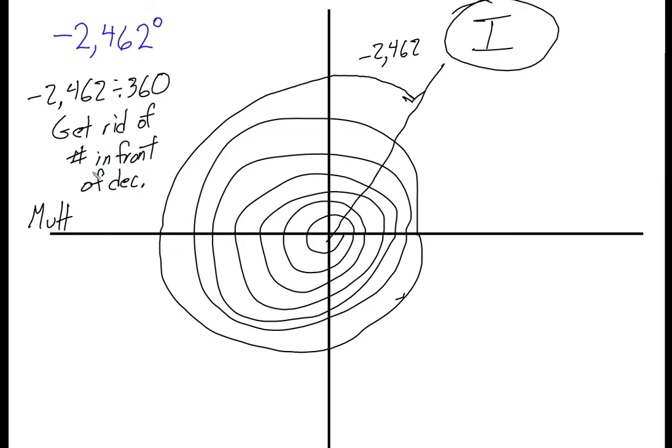Because when you get rid of the number in front of the decimal place, you're just getting rid of the circles. Multiply by 360. But what's nice about this is when you do this division, that number that's in front of the decimal tells you how many times you went around a full circle.